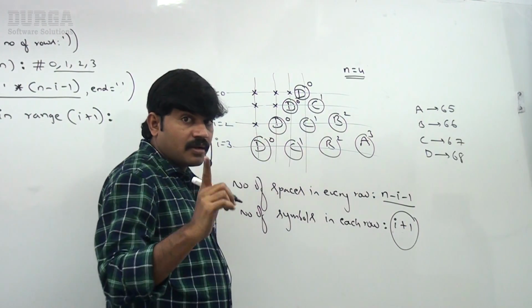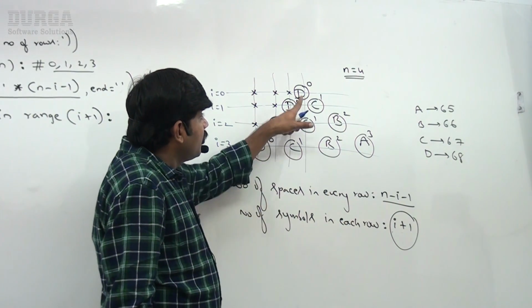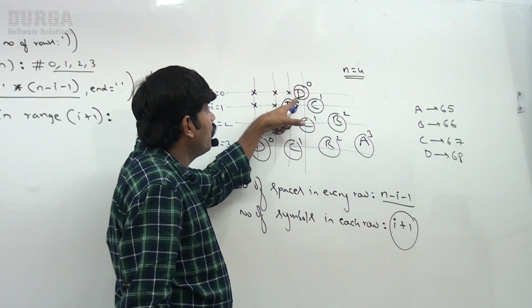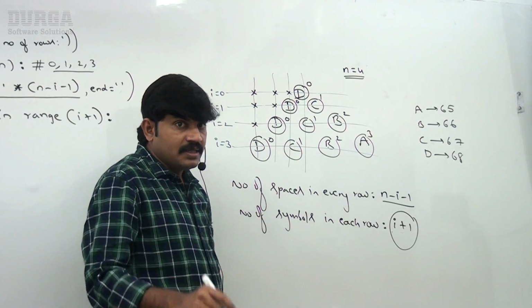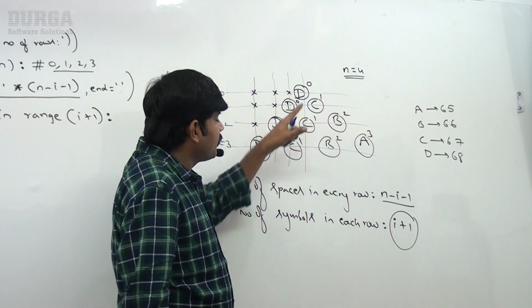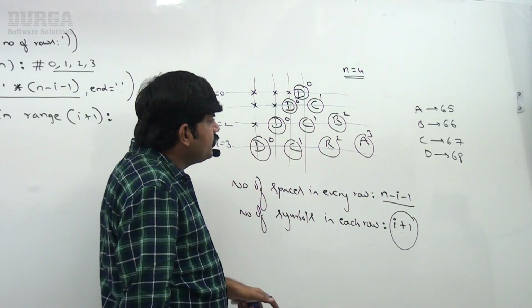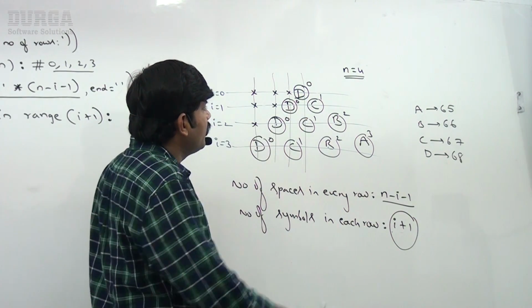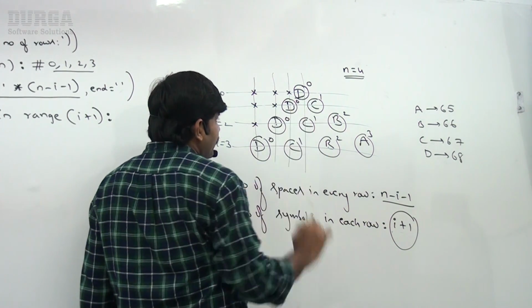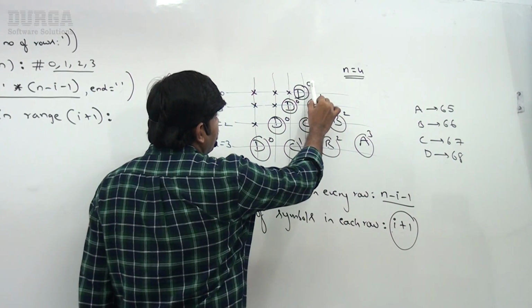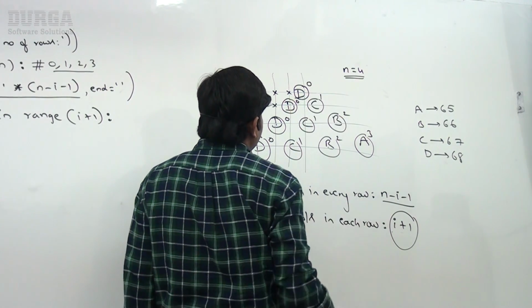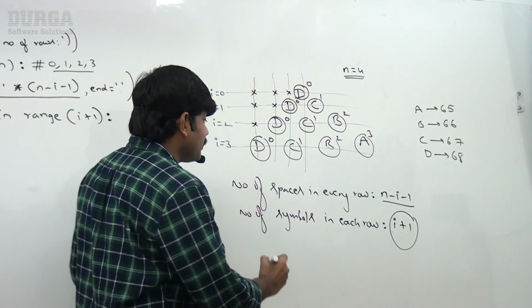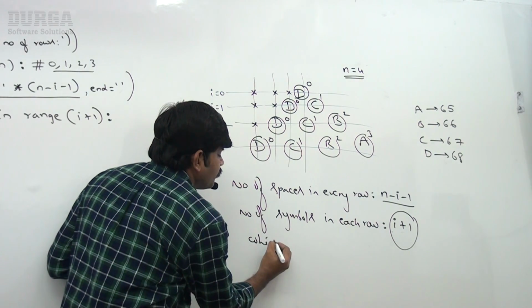Now take very special care. First D, next D, C. If you observe, how can you generate D? Is there any relation between j and n? Which symbol do we have to generate?